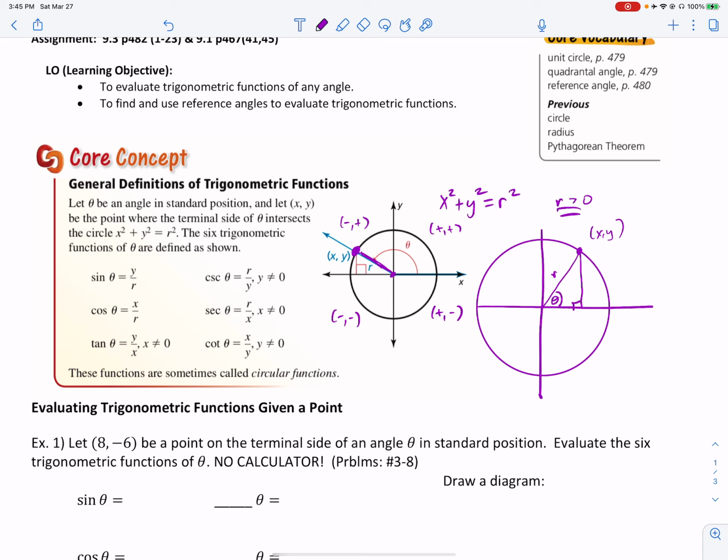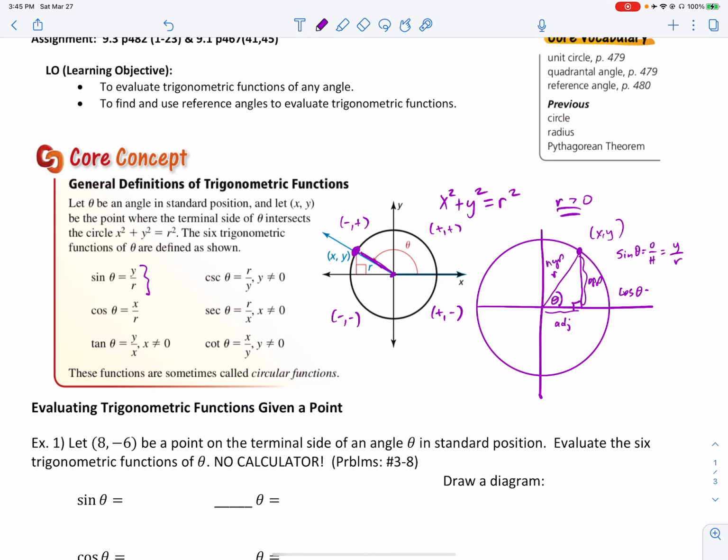If this is my angle that I'm referring to, then this is my adjacent side, this is my opposite, and r is my hypotenuse. And so sine of theta is that opposite over the hypotenuse, but the opposite is y and the hypotenuse is r. So sine is going to just be y over r.